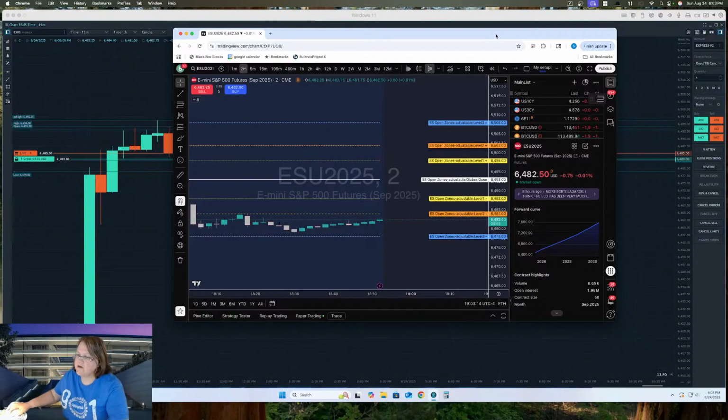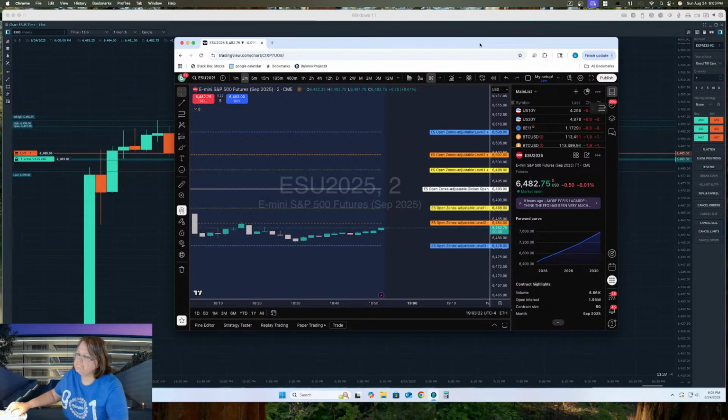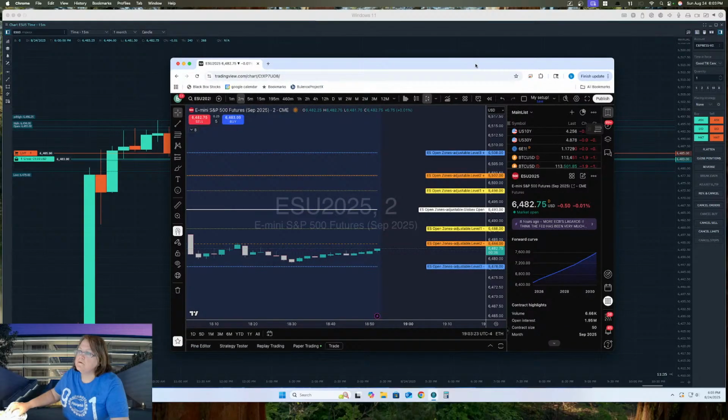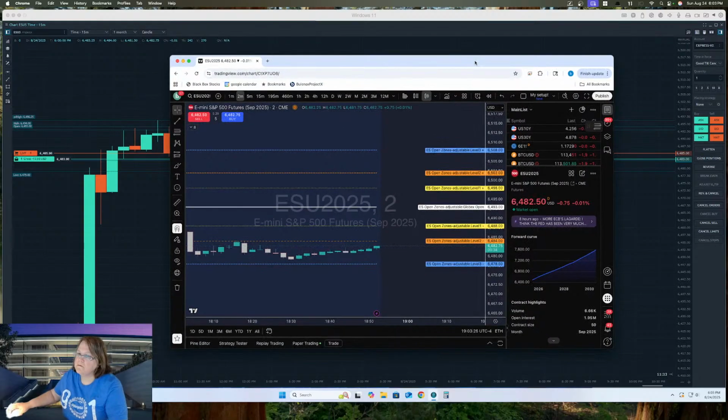That's interesting. I don't know if there's a little bit of delay on Trading View or Quant Tower, because they're showing a little bit different pricing, so I'm just kind of curious where the delay's coming from.